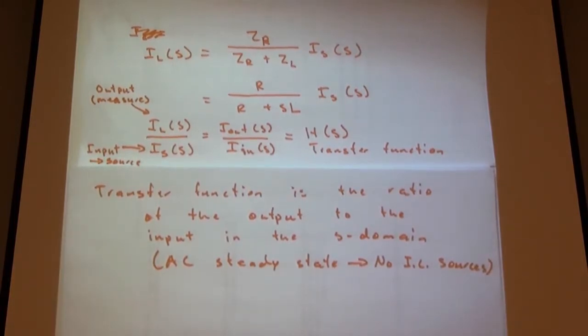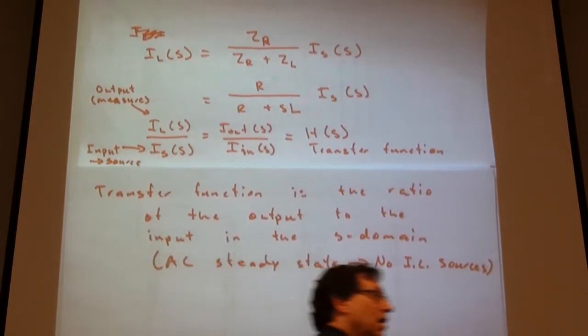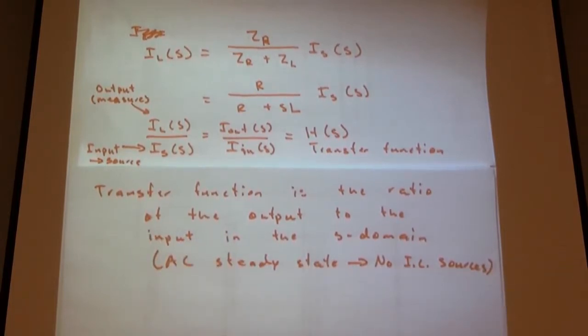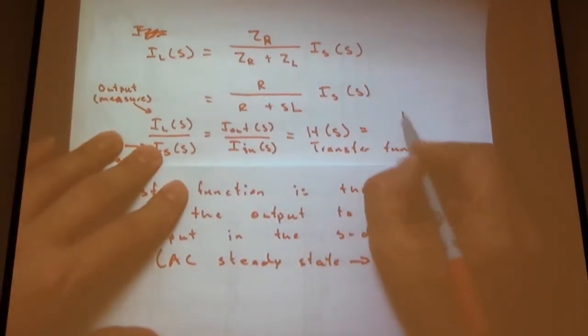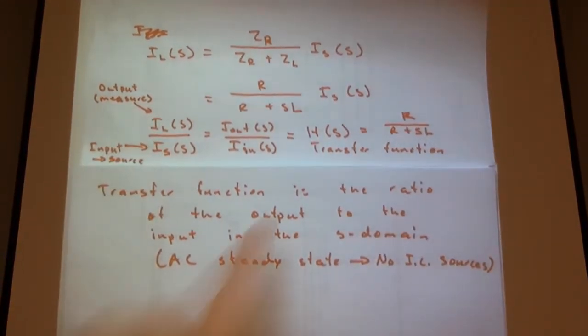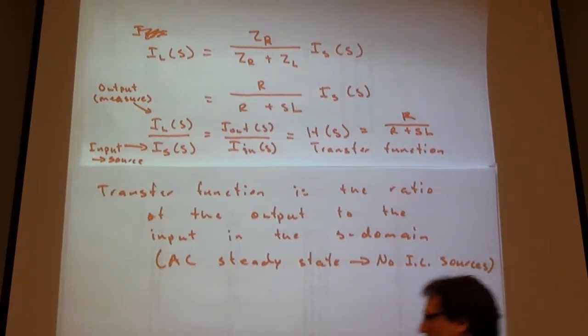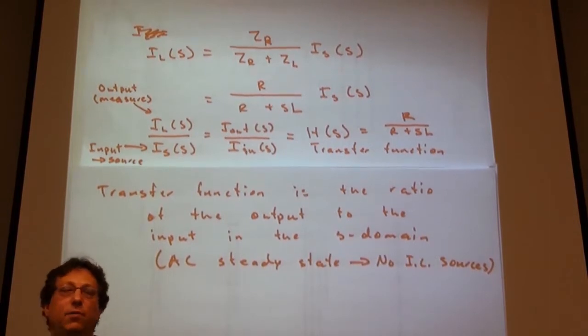So we just have SL and 1 over SC. And our transfer function for the above circuit is already given for us right there. It's R over R plus SL. So I just moved the input to the other side, and we get the transfer function that just depends on the components.